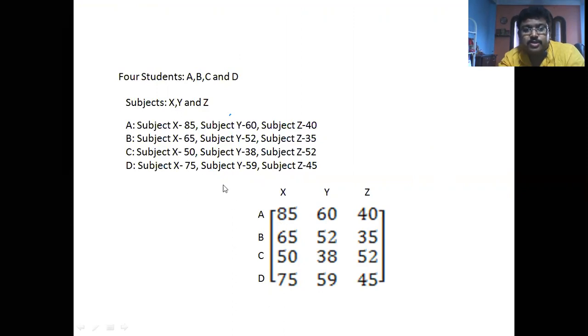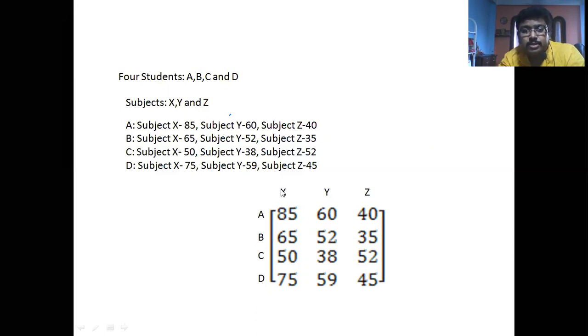Look, 85, this 85. Along the column we measure the students, student A, student B, student C, and student D, and along the row we measure subject X, subject Y, and subject Z, and these are the numbers.